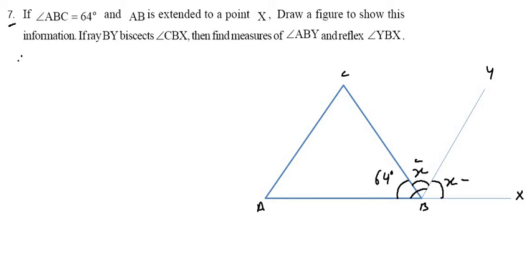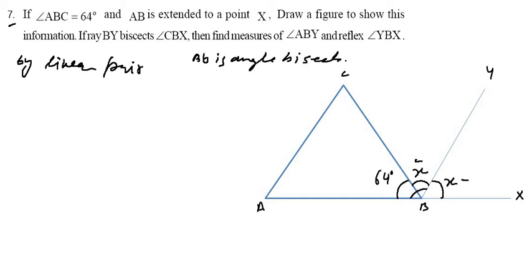So first of all, linear pair. As you know, this angle is X. BY is the angle bisector of angle CBX.